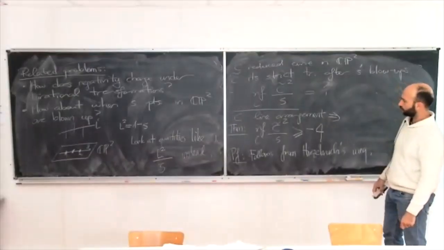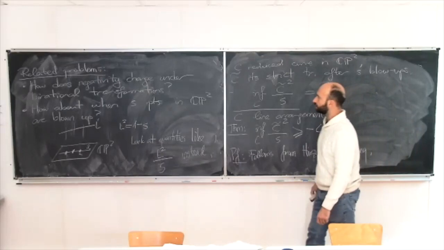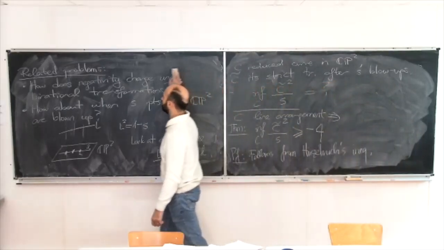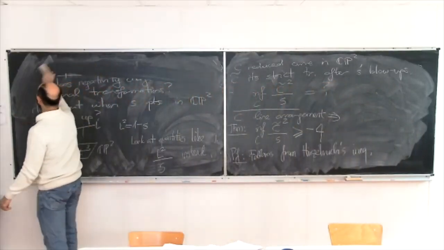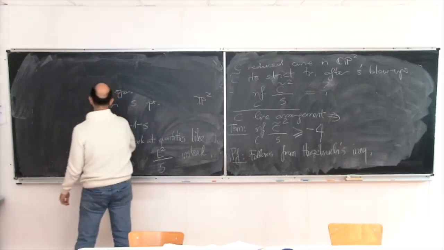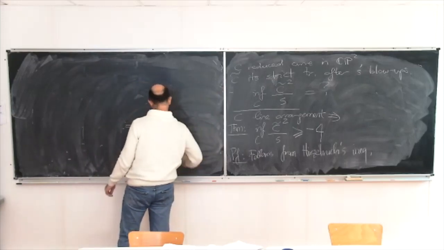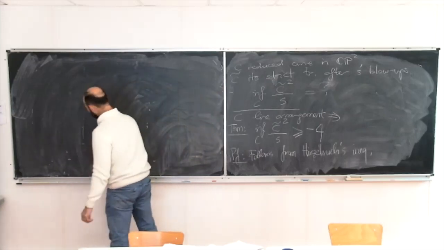And also, in the previous lecture, we saw some very special complex line arrangements, and these do indeed give low values of this C hat square over s. Let me just write the values in order to finish the lecture.